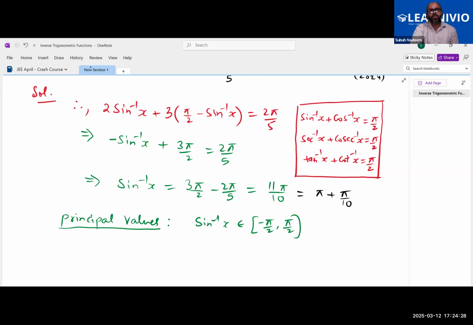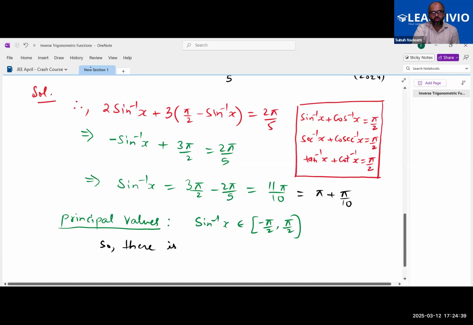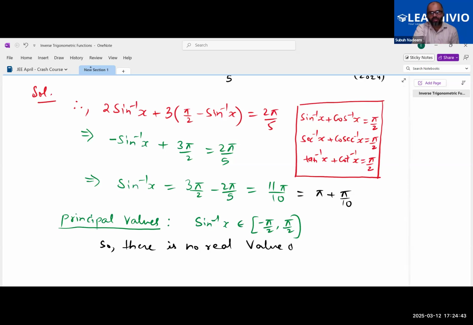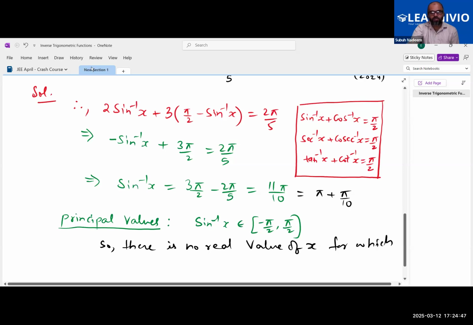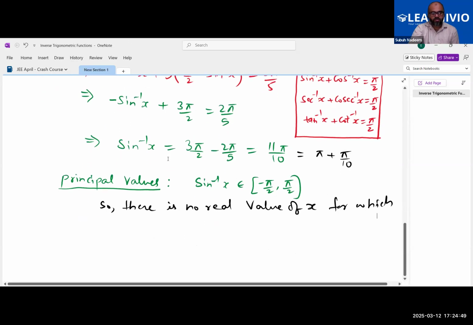It is not possible to get any value of x for which sine inverse x will be 11 pi by 10. So there is no real value of x for which this equation is possible.